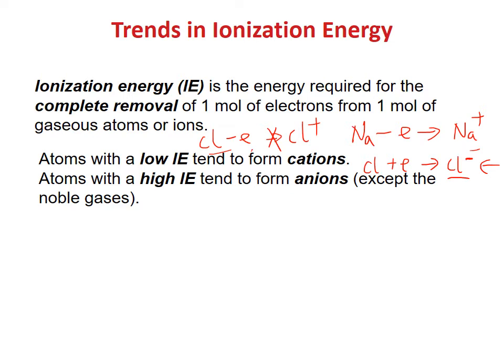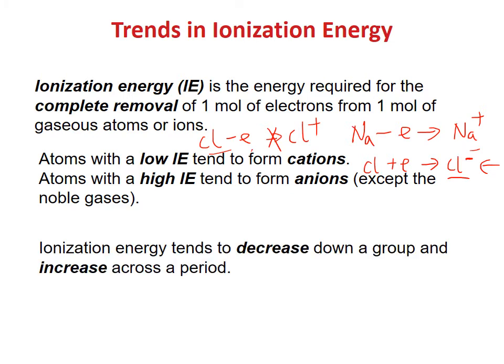It takes a lot of energy to remove an electron. So these noble gases have high ionization energy, but they are stable, and so they usually don't form either cations or anions.